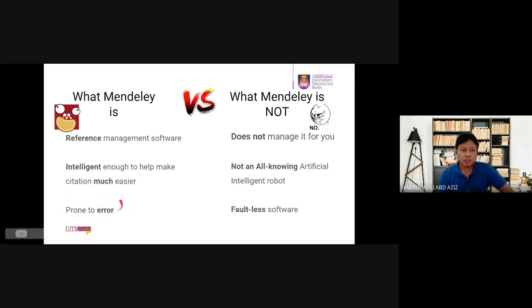To much surprise, it is prone to error based on what you do. So it is important that you are taught the right way of how to use these softwares. It is not a faultless software. Unfortunately, I don't know, maybe at some point you will have a better software by AI or whatever. We'll see what the future holds.